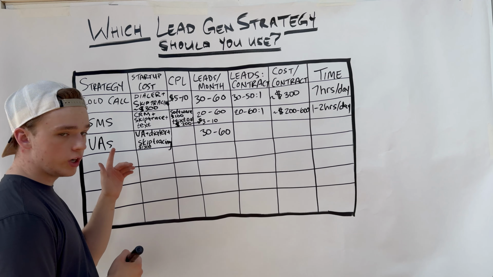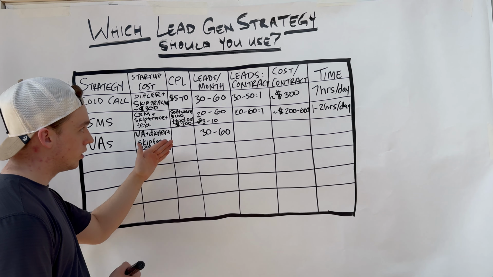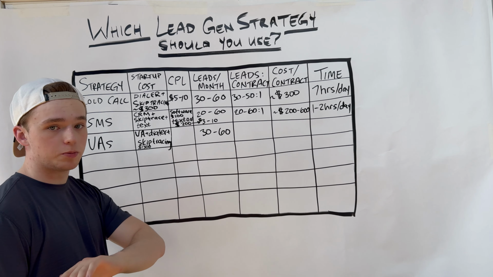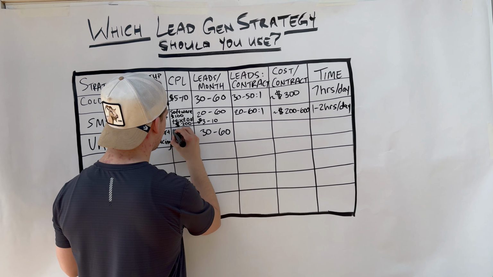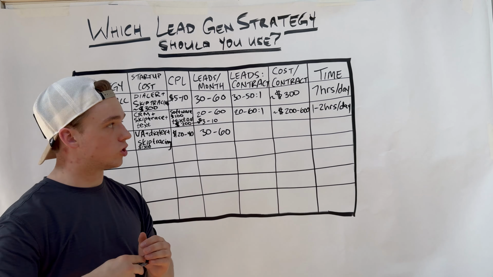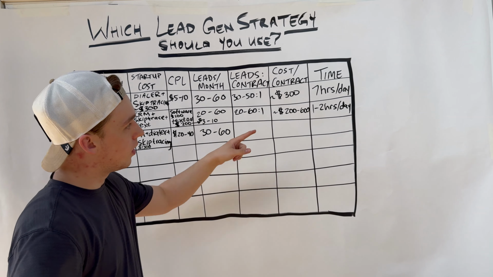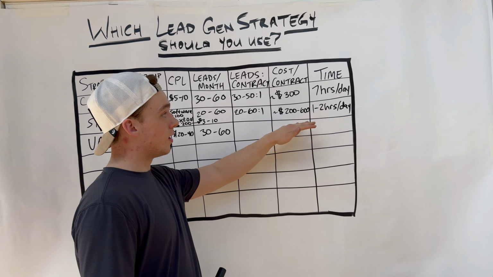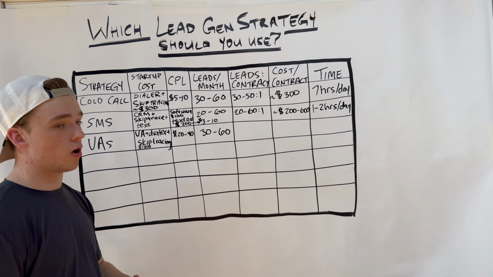If it costs you $1,300 to get a VA, a dialer with skip tracing, and you're bringing in about 30 to 60 leads per month, your cost per lead is going to be about $20 to $40 per lead. It's going to be more expensive than if you do it yourself, but you'll see how much time you're saving by taking yourself out of the equation and hiring out someone else to do that calling for you.